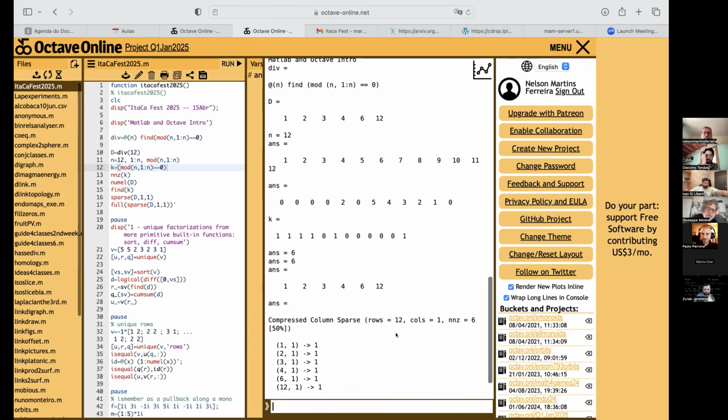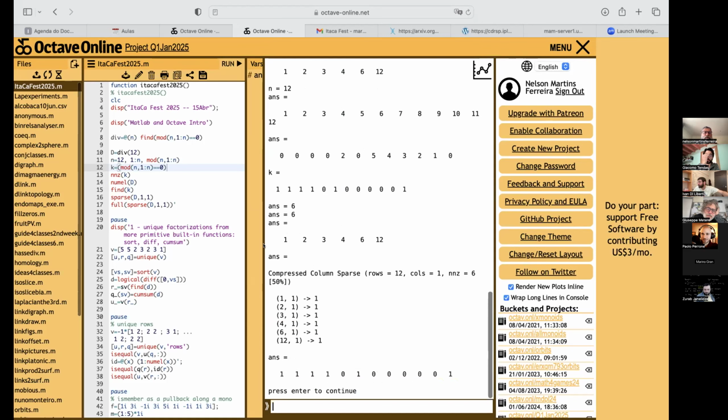And this will play an important role: the functions find and sparse are kind of inverse to each other, so that if we have the indexes and we define the function sparse with these indexes, then we extract back the logical vector.